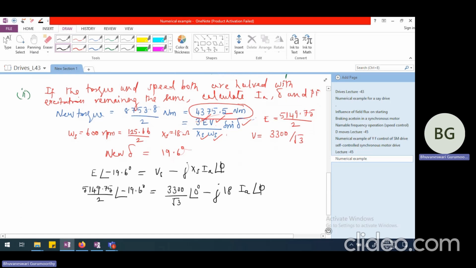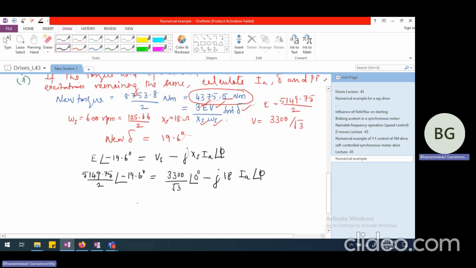Now we should be able to segregate this equation into real part and imaginary part. So we can write 1905.25 plus 18 Ia sine phi. This is the real part. So this is the right hand side of the equation.